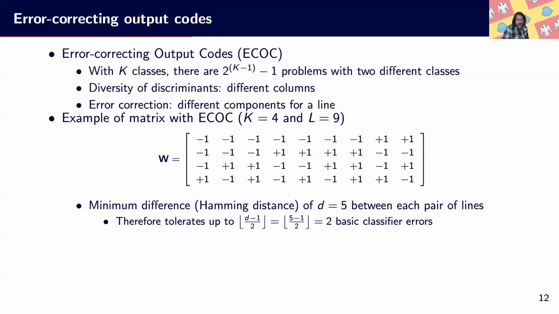So here we have 4 divided by 2, which is equal to 2. That means that we can make up to 2 basic classifier errors with that specific ensemble built with that matrix.